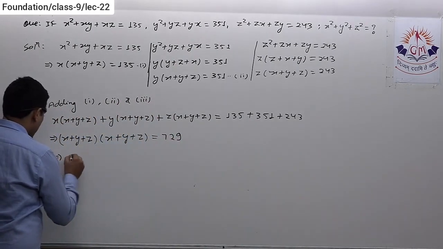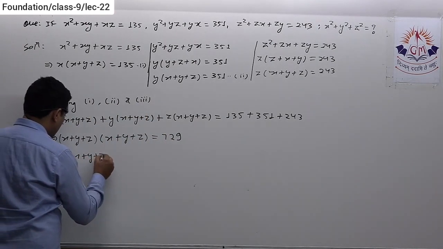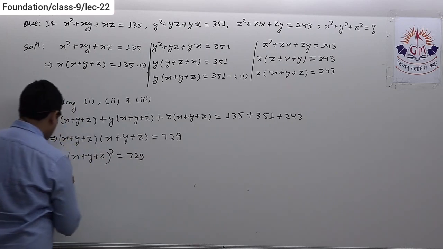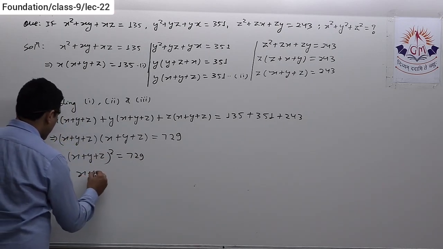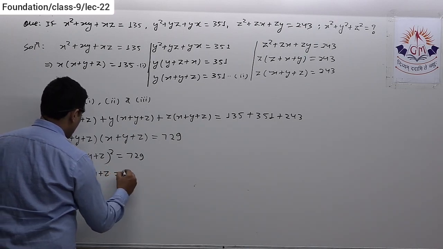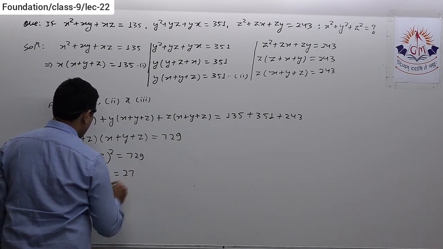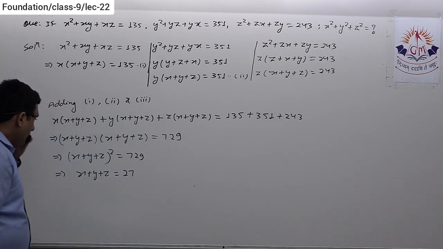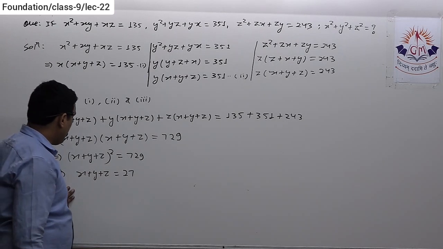So (x plus y plus z) whole square is equal to 729, and that gives me the value of x plus y plus z is equal to 27. Okay, I got the value of x plus y plus z.